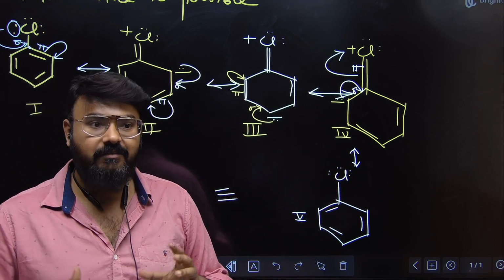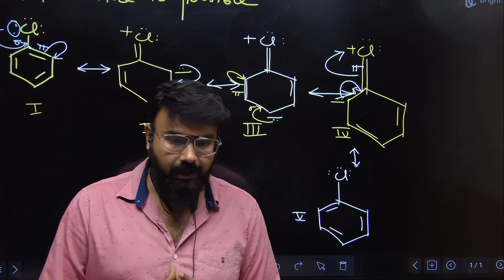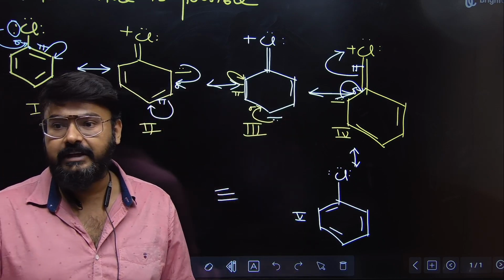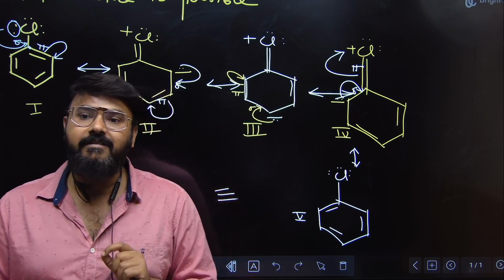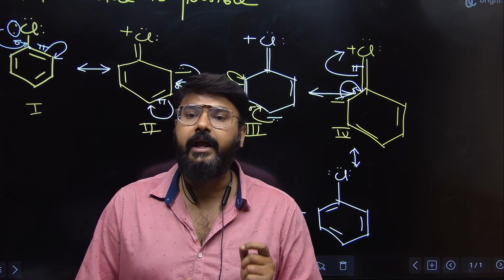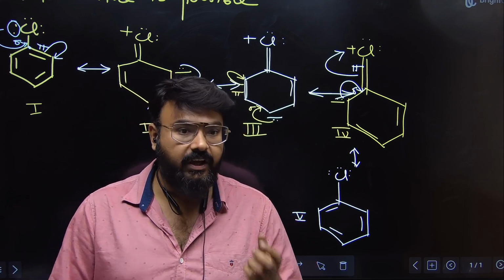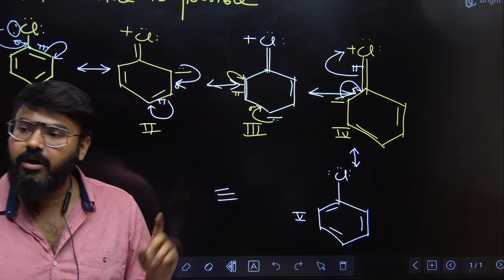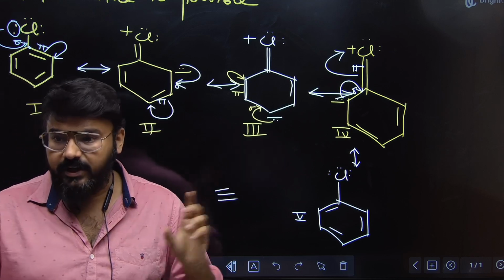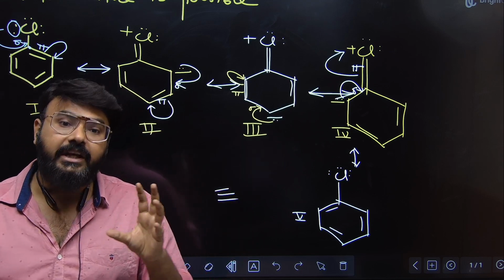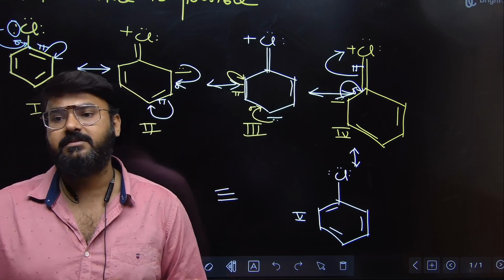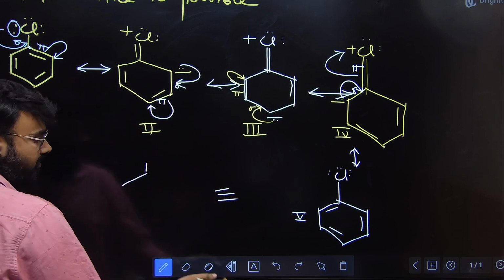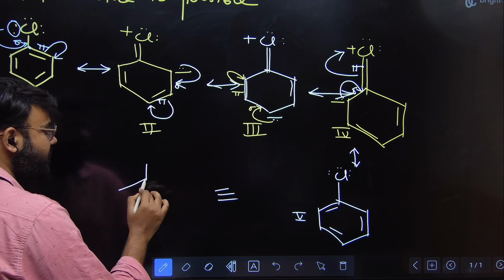But when we combine them, the structure we get is the hybrid, a combination of all five. That's real. And whenever we comment on the properties of any organic compound, we comment by looking at the hybrid. We never comment by looking at resonating structures. But we need resonating structures to get the hybrid. Clear?